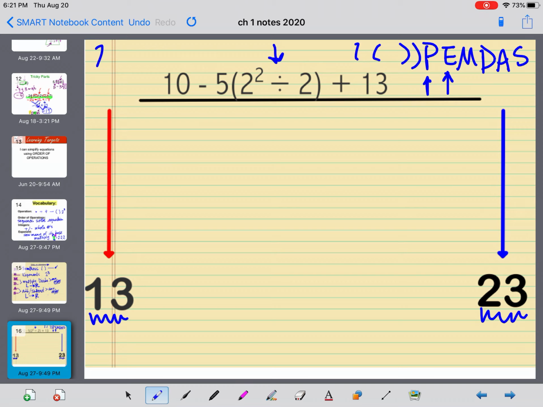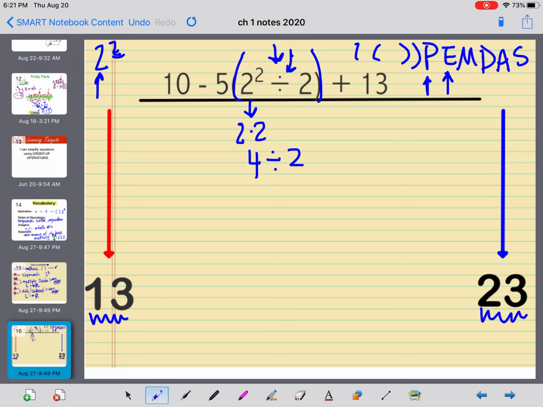It's exponents. And remember, when I have an exponent, it's telling me how many of these bases that I have. So this over here is going to be 2 times 2, which gives me a 4. Okay, so I simplified that. And then that 4 is inside the parentheses with this divide by 2.